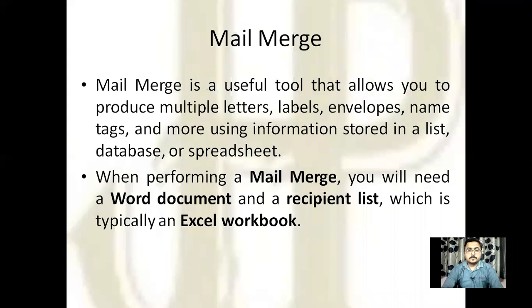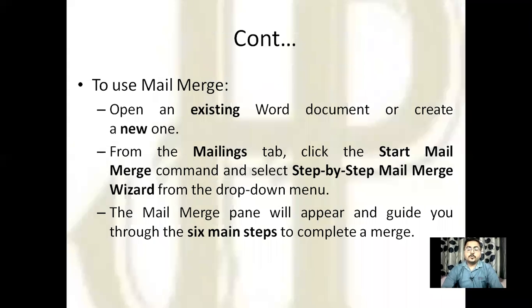To use mail merge, open an existing Word document or create a new one, which I have already taken. From the Mailings tab, click the Start Mail Merge command and select Step-by-Step Mail Merge wizard from the drop-down menu. Okay?